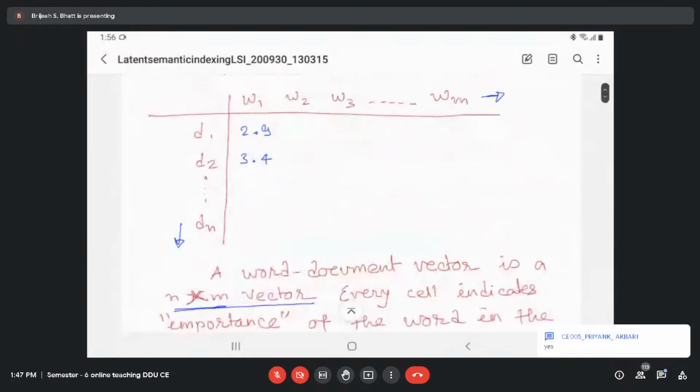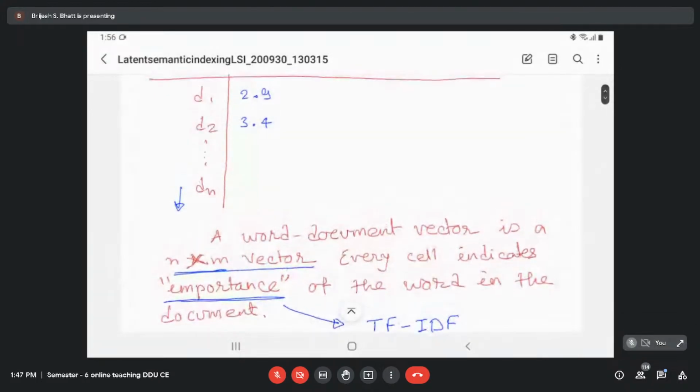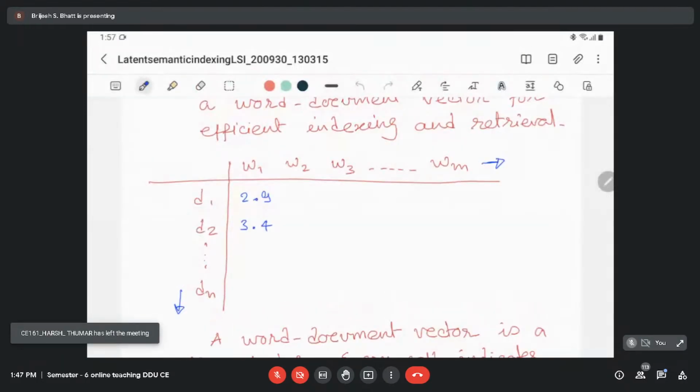So a word-document matrix is an n cross m matrix, and every cell indicates the importance of the word in the document. This value is some random value which I have put here, for example 2.9, 3.4 and so on. It shows how important the word is for the document.